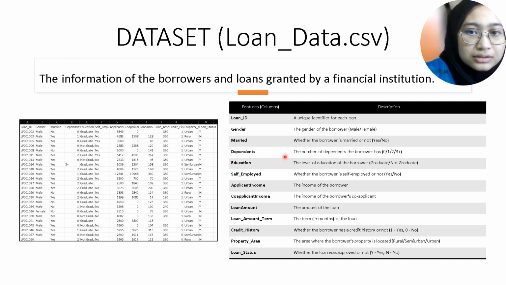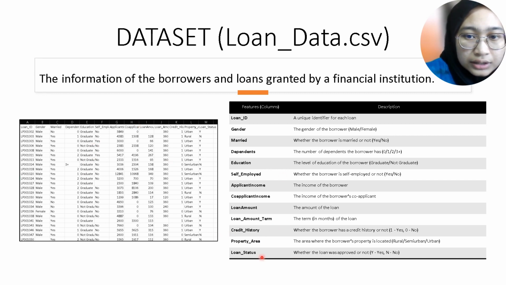They have the loan ID, a unique identifier for each loan, their gender, their marital status, and dependents of the borrower, their education level, their employment status, applicant and co-applicant income, loan amount, and the term in months for the loan, and their credit history.